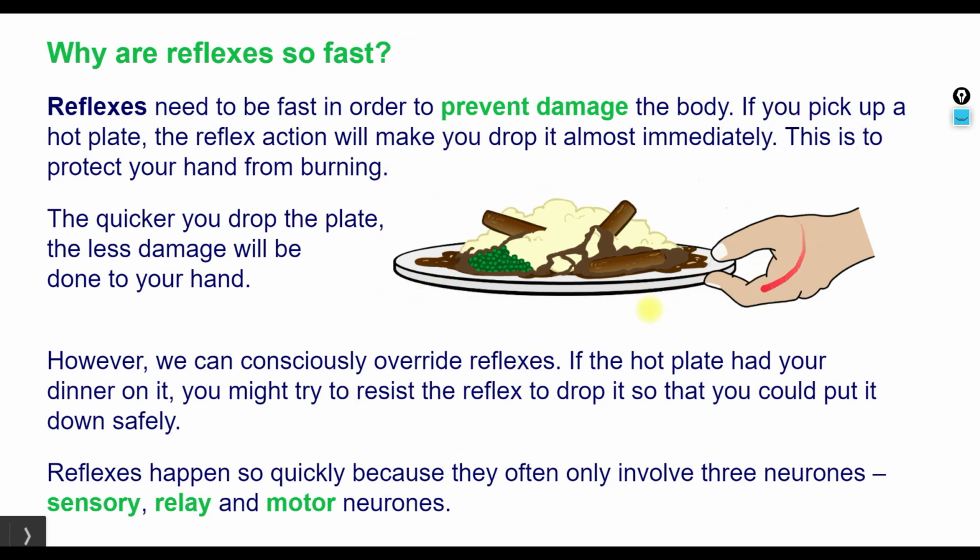So we can think of a reflex. Another example could be if someone was holding a plate with gloves and they passed it to you and it was way too hot. Your reflex would be to drop the plate. That's a reflex. You're not thinking about it. So your body is preventing damage.